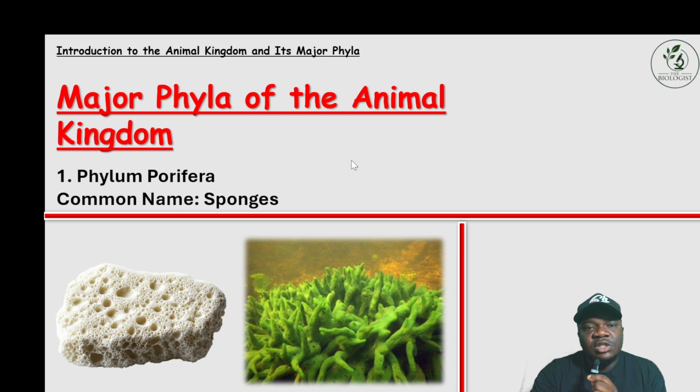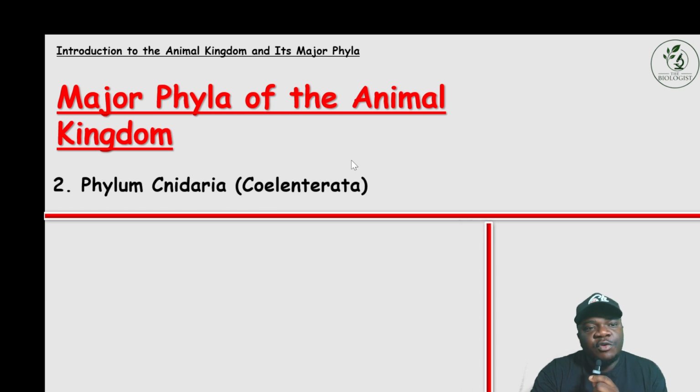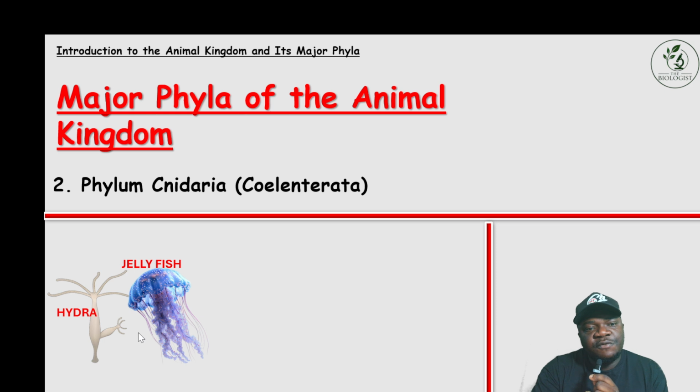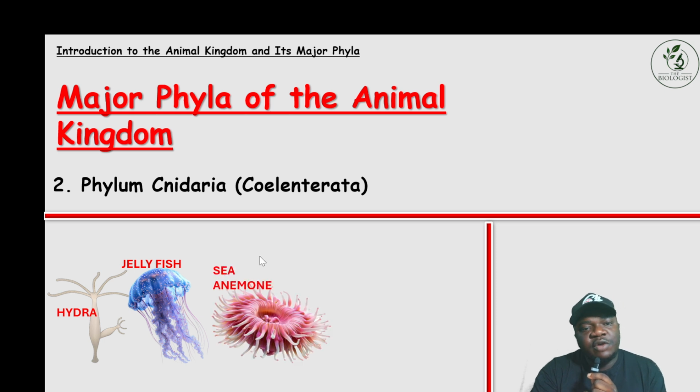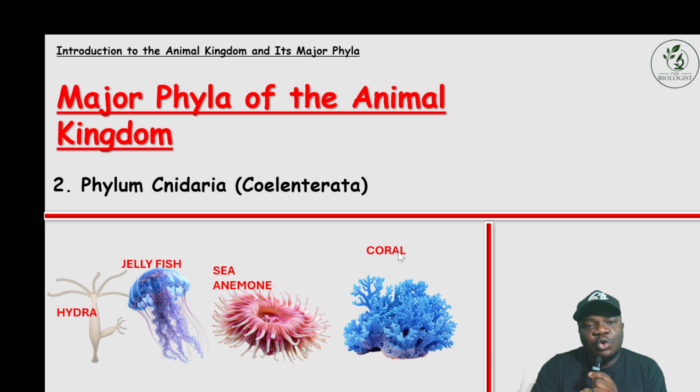The next one is phylum Cnidaria, also called Coelenterata. In this phylum you have hydra, jellyfish, sea anemone, and coral. All these are the beautiful members of this phylum, Cnidaria.